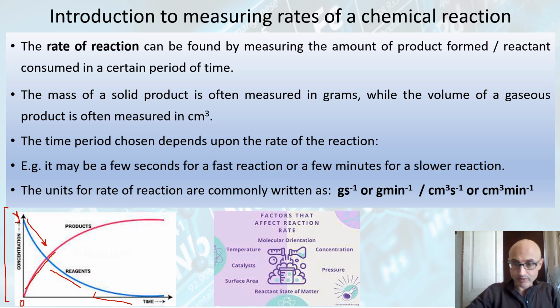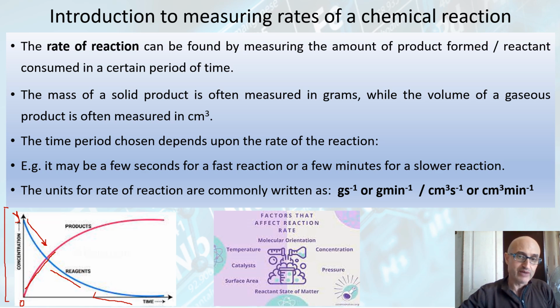And likewise, at the end of a reaction, where the reactants are taking much more time to find each other and to react, and therefore there is a very slow rate of reaction, there is a correspondingly decreased rate of production of your product. Okay, so the product is also decreased in the rate of production, if you like.